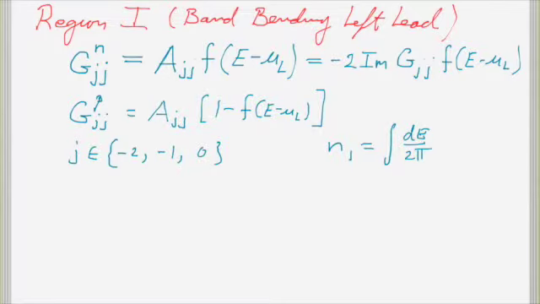If Gn_JJ is a block matrix, then you would trace over it. The trace just means sum all the diagonal elements. And if you want to turn it into a density, then you probably divide by a volume associated with your lattice constant.